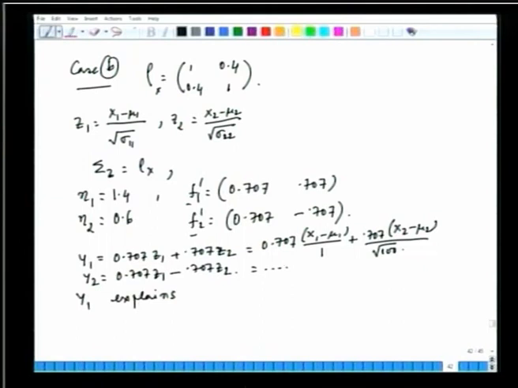Okay. So, y1 explains what percentage of total variability? It explains its own eigenvalue, its own variance, which is 1.4, divided by the total variability, which is the sum of eta 1 and eta 2, that is 2, times 100%, and that is equal to 70% of total variability.